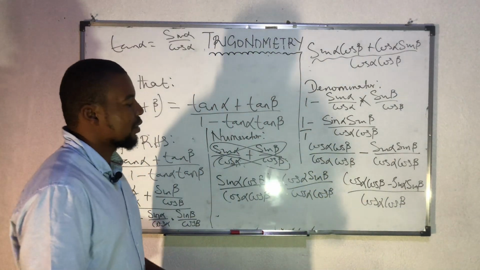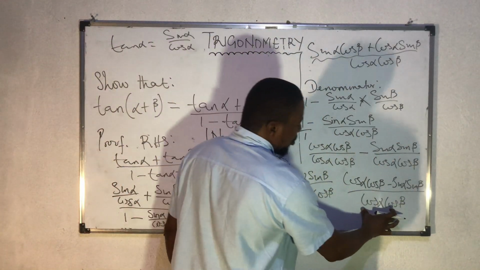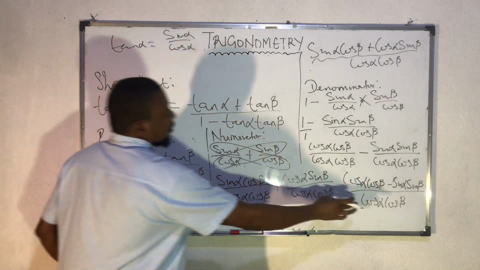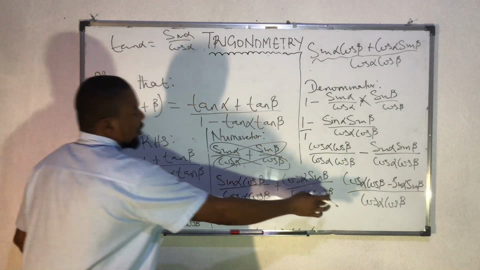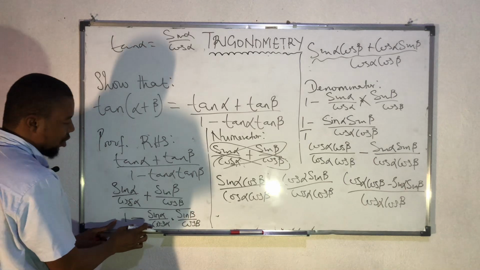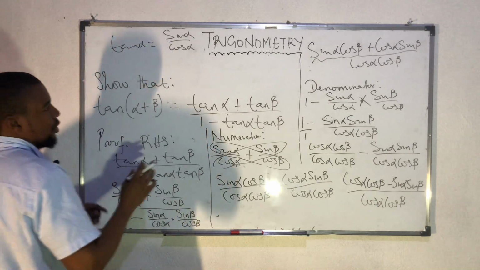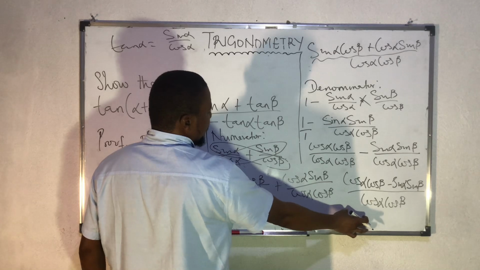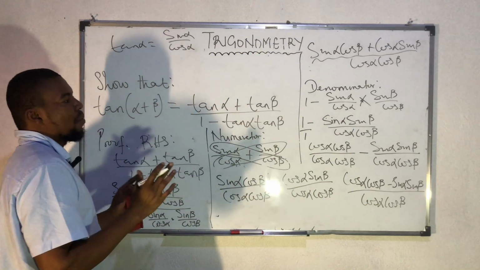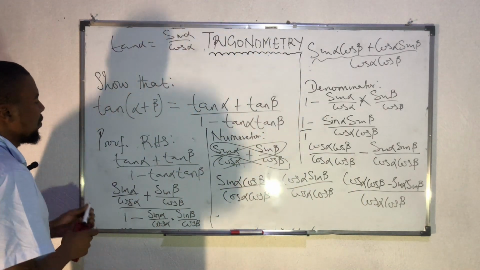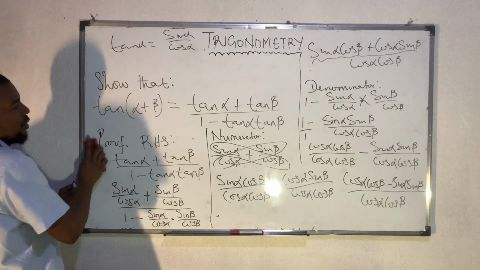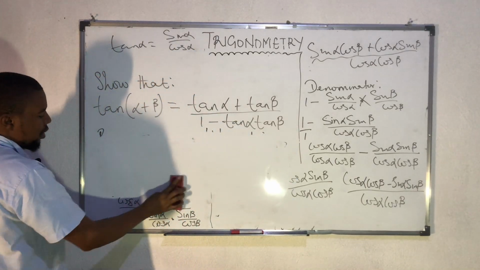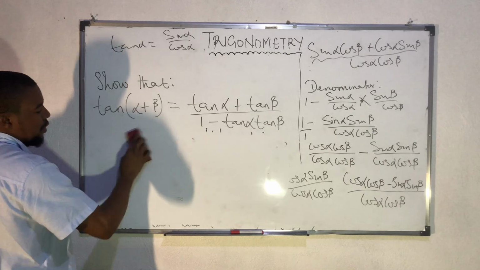So this is our denominator. This expression here is a transformation of this. Our numerator has been transformed to this, and our denominator has also been transformed to this. Therefore, we can now combine them together and simplify. Please permit me to clean this part so that I can continue working right here.